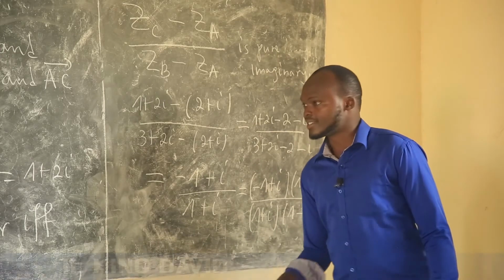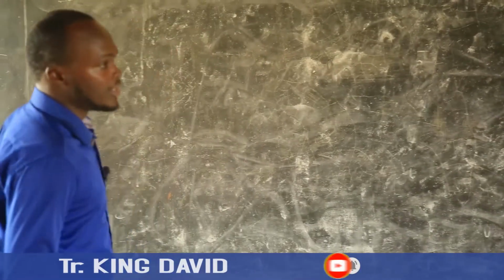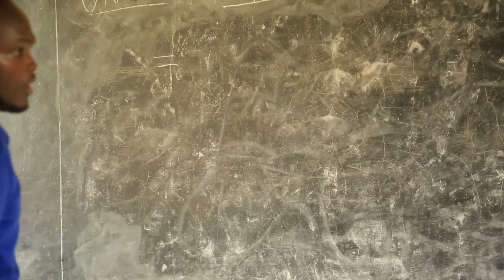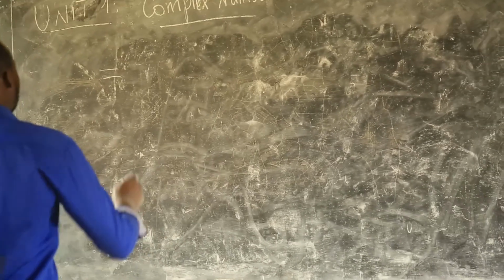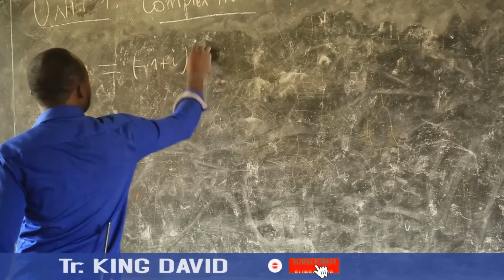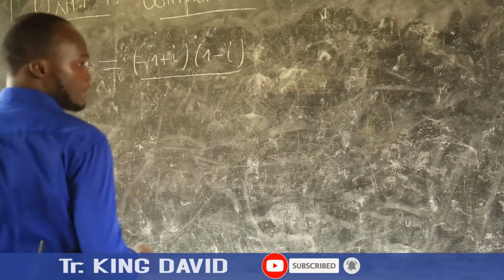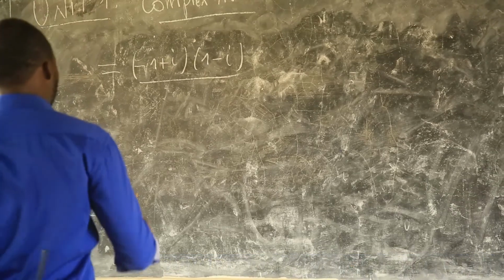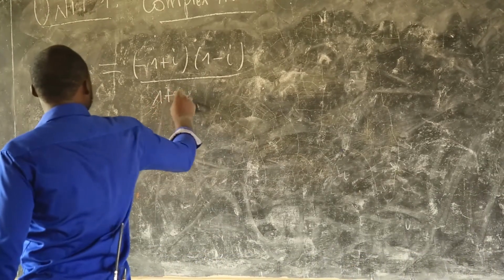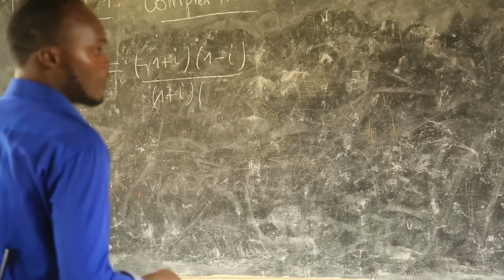So what will be the answer? We have negative 1 plus i times 1 minus i, divided by 1 plus i times 1 minus i.